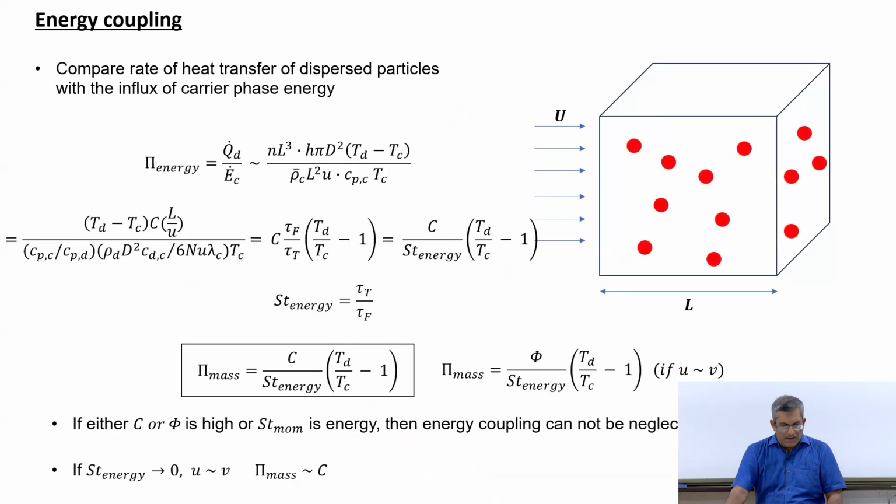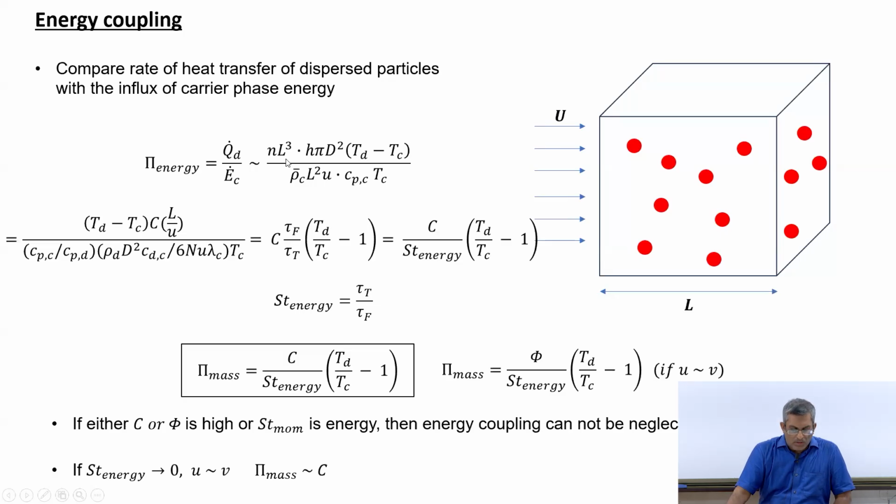In a similar way we can define the energy coupling parameter. Here we have particles which have temperature, let us say, higher than or lower than the surrounding. Let us say it is higher. Then what is the energy coupling parameter? This is the total heat transfer rate from all particles to the incoming energy, or enthalpy, associated with the carrier phase flow.